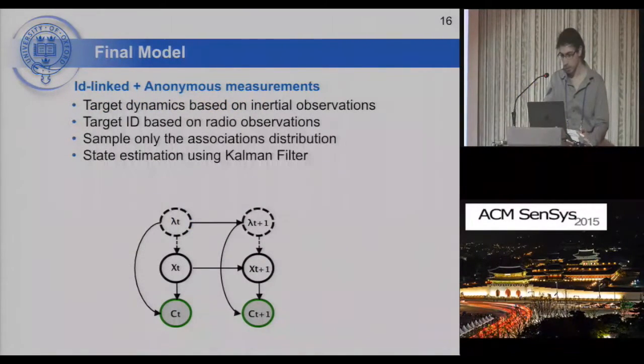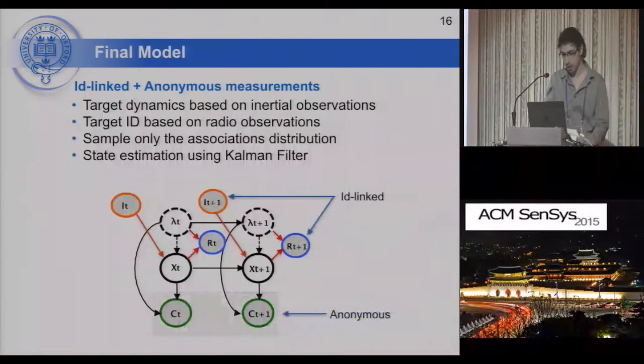So in our final model, we use camera, inertial, and radio observations. The camera observations are anonymous, and the inertial and radio are ID linked. So the target dynamics are based on inertial observations. The target ID is based on radio observations. We sample only the association distribution, and the state estimation is performed using Kalman filtering.